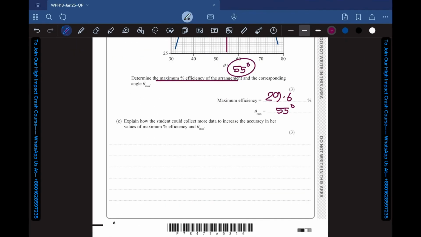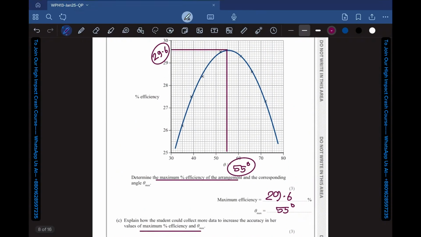Part C says explain how the student could collect more data to increase the accuracy in her value of maximum efficiency and theta max. To make the maximum efficiency and theta max more accurate, you can see that there is only one data point right here and one data point right here, but there is no data in between, where the maximum efficiency value actually is going to be. To figure this out, we can add a few more data points in this position, right?